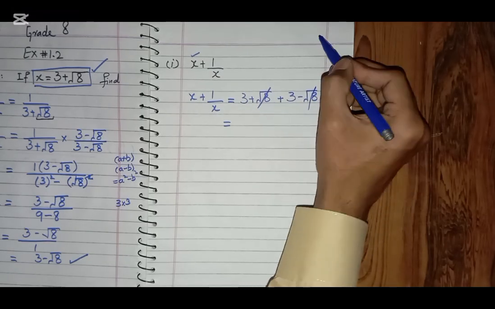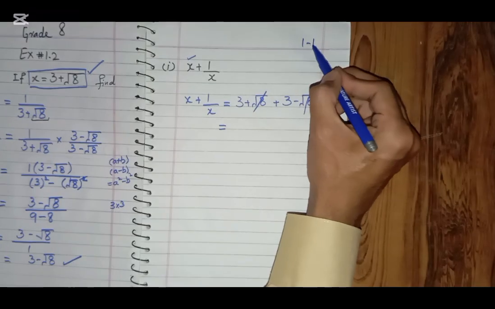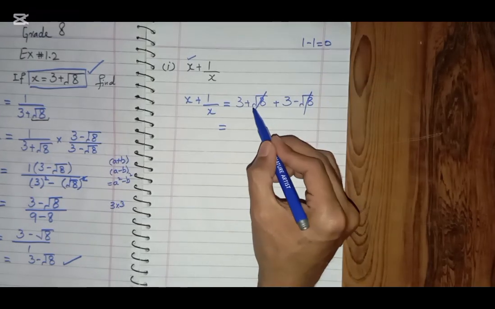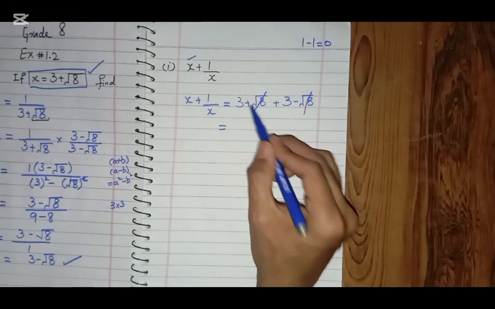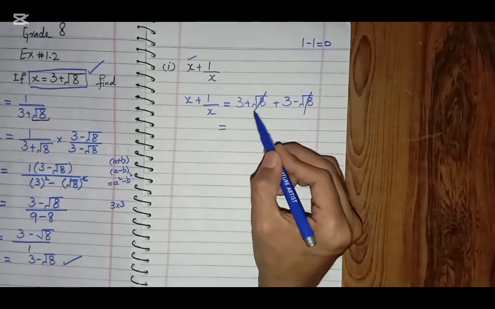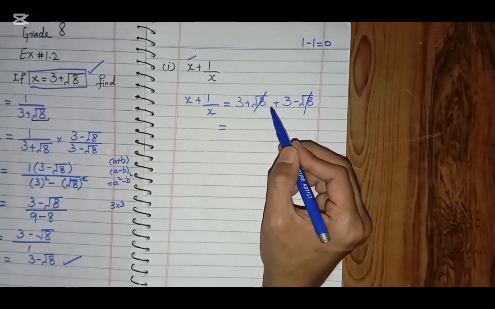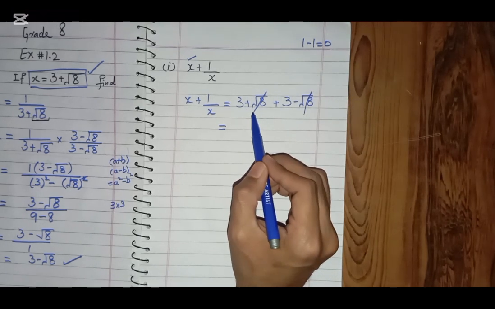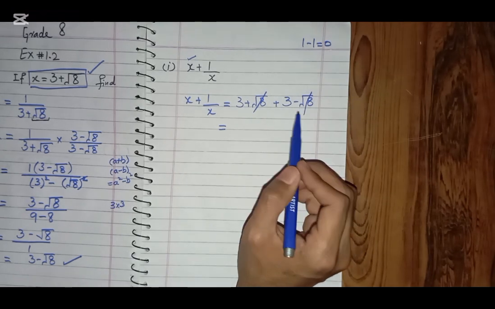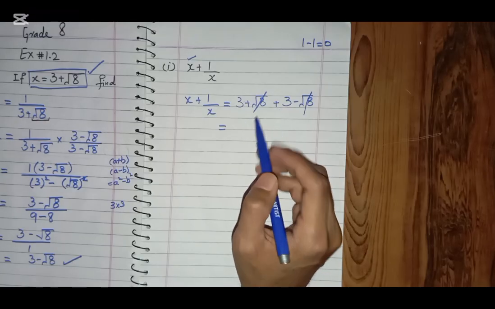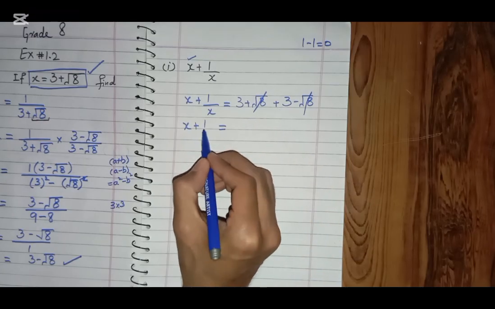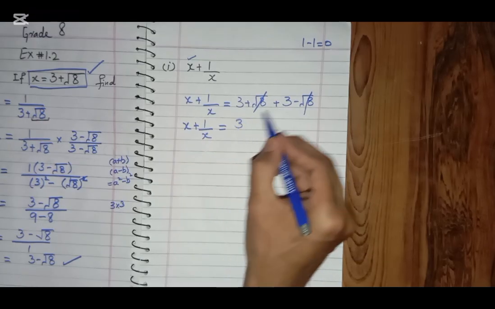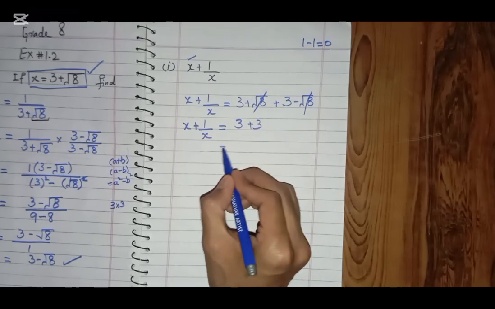It is similar to saying that 1 minus 1 is 0. If the first value is plus and the second value is minus, then you can cancel out. Square root 8 plus and square root 8 minus, this answer will be 0. And the only remaining values are 3 and this 3, so the answer is 6.